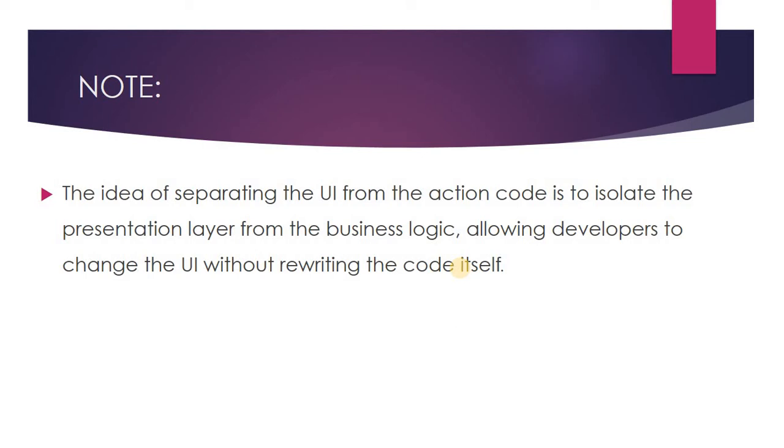Suppose I want to change the text view control size, either height or width, then we can change it without touching the action code. We can change it in the XML file itself without touching the action code present in the Java file. That is the logic behind this separation of UI controls in the XML file and the action code in the Java file.